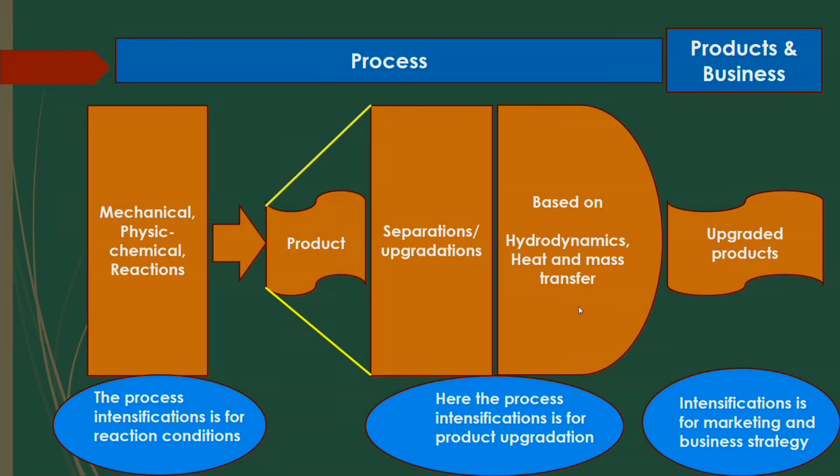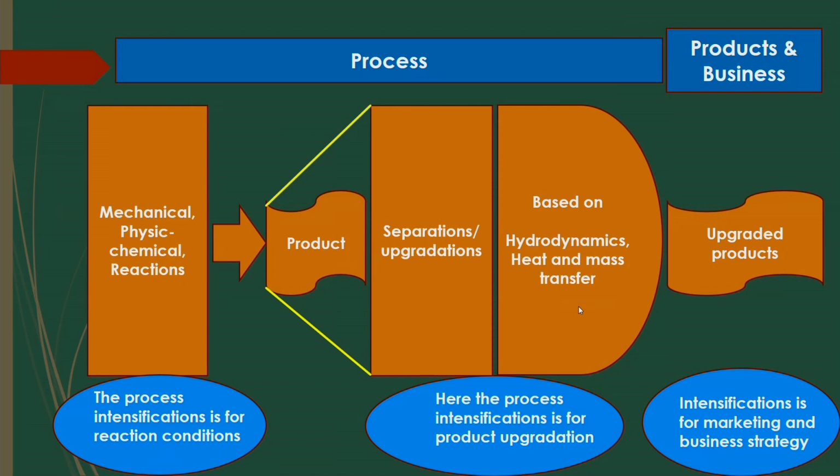And after getting the products and byproducts based on this upgradation and process intensification, you have to market these products for business purposes. So, you have to make a strategy for that business, how consumers can get those products easily and be aware of them in the market, whether they will be of an acceptable degree of purity or not.